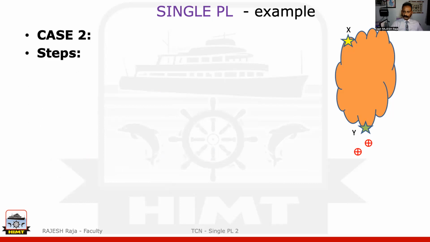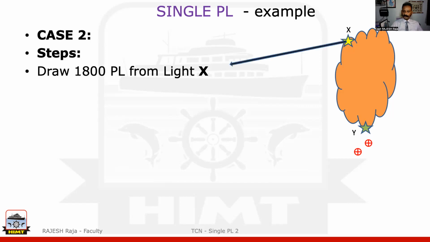Let us quickly go back to the steps. The steps are very similar. We will see what the difference is between case 1 and case 2. I'm going to draw the first PL given to me at 1800, just as I did before. So I call this the 1800 PL. And since the criterion is that I'm sailing blindly, I'm proceeding at some initial course.